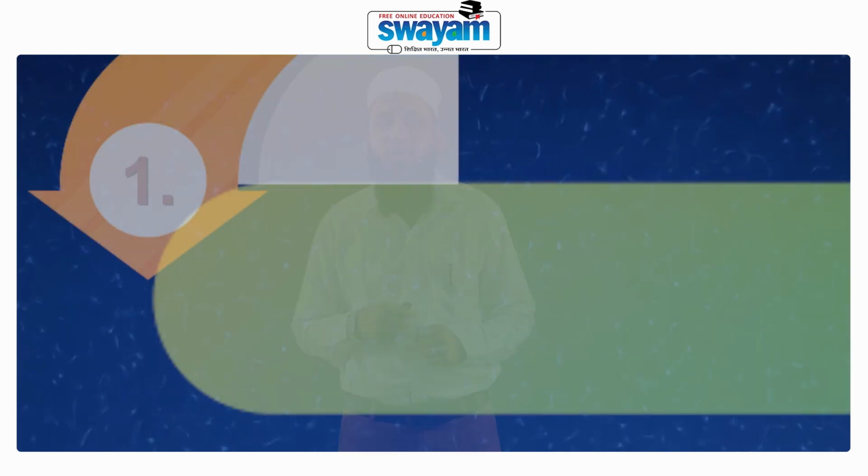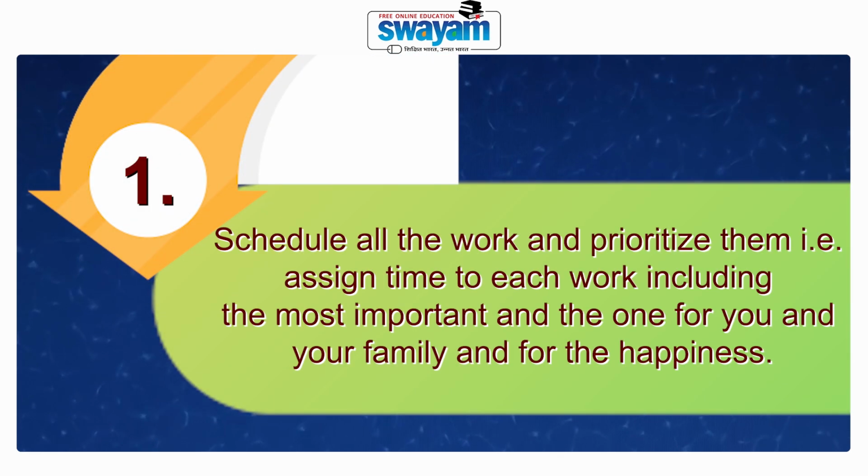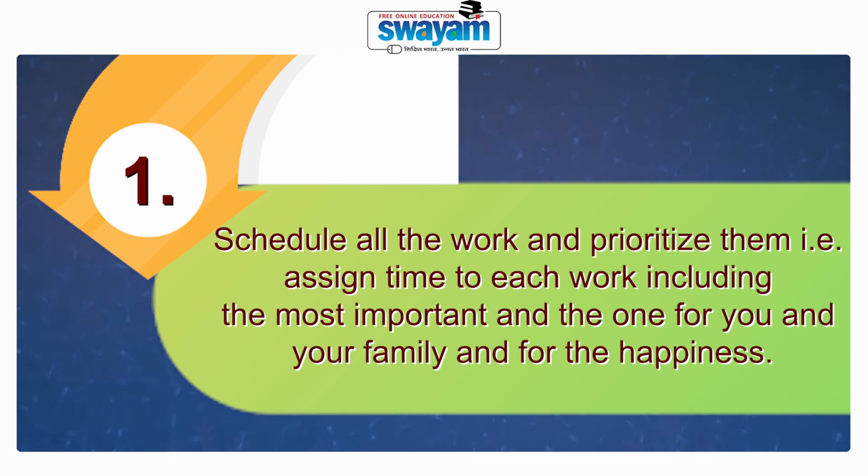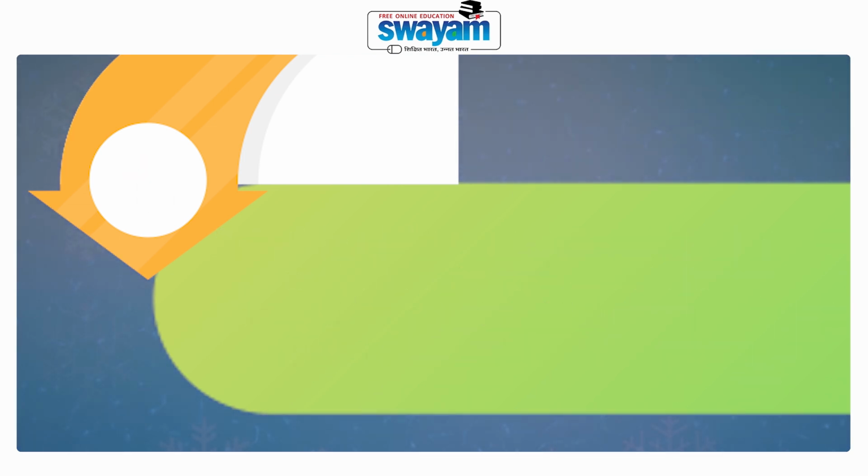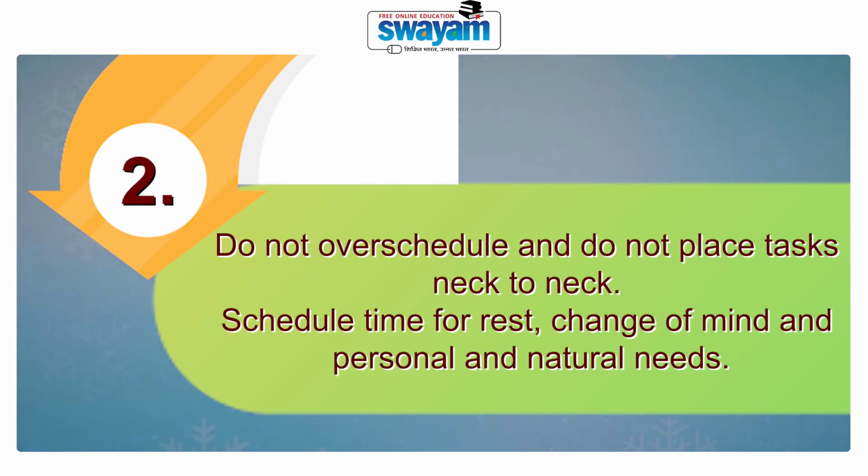Number one is schedule all the work and prioritize them, that is, assign time to each work, including the most important one for you and your family and for happiness. Do not overschedule and do not place tasks neck to neck.